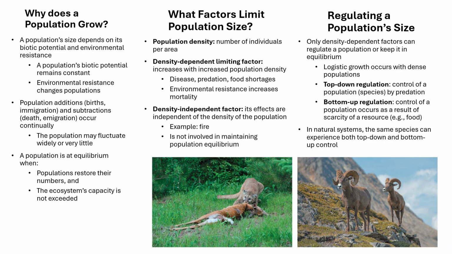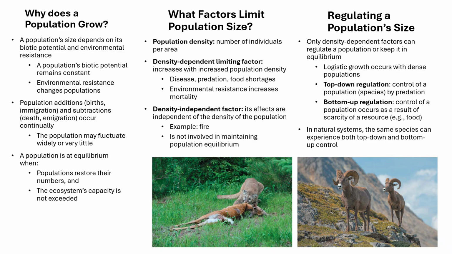What we call density-dependent limiting factors increase with the population density. Disease, predation, or food shortage increase as the population becomes much larger. And disease, predation, food shortage are part of the environmental resistance. Overall, when the environmental resistance becomes very high, mortality also becomes very high.